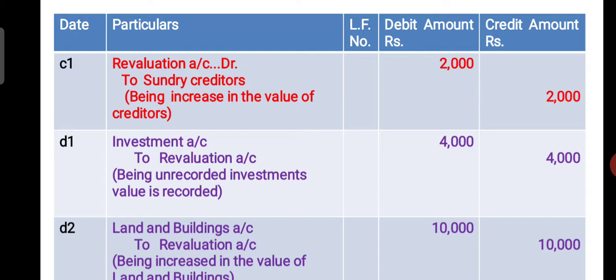For that we write the entry, which affects total assets, meaning an increase in the value of assets. So when there is an increase in the value of assets, we write the entry investments account debit to revaluation account, rupees 4,000. Narration: being unrecorded investments recorded.